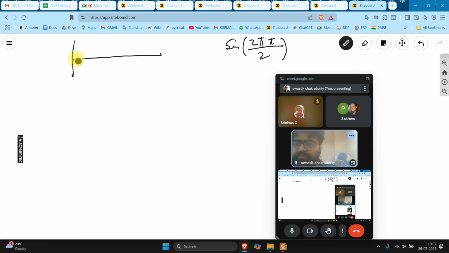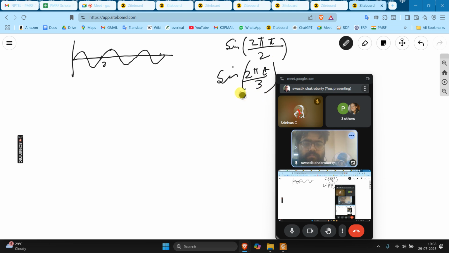If it has a period of 2, that means it will repeat every 2 seconds. So it will repeat at 2, then at 4, then at 6. Now, if you have another which is sine 2 pi t by 3, it will repeat at 3, then it will again repeat at 6.